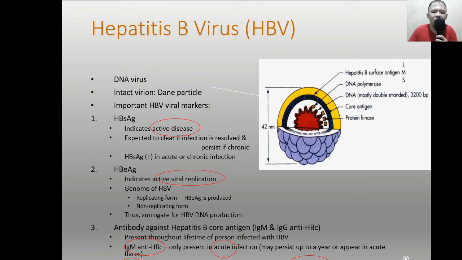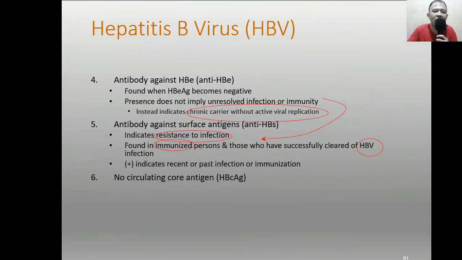Usually what you can see in the graph is the total. Antibody towards the HBE means that the patient is not infectious anymore, and antibody to the HBS means that the patient is already immune to the infection, so resistance to infection.